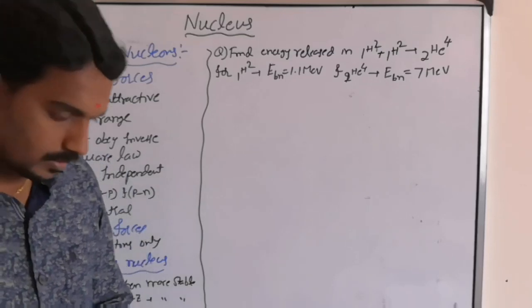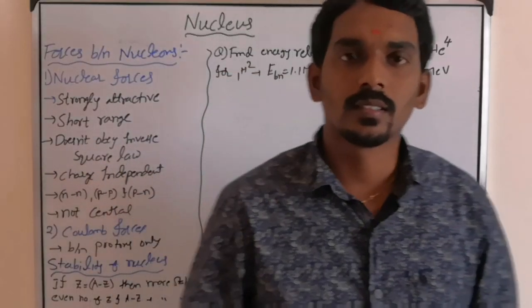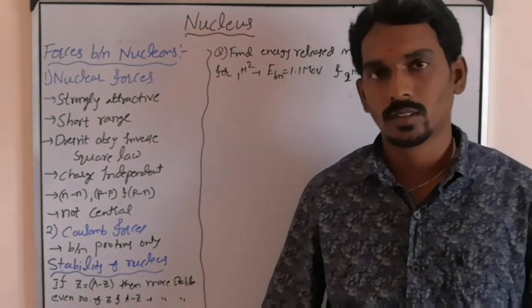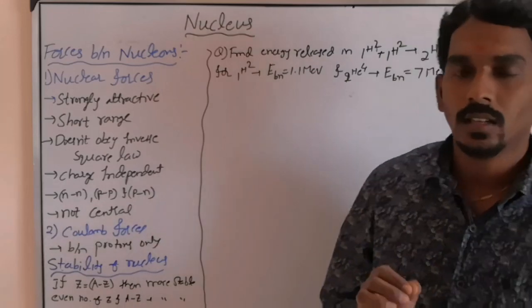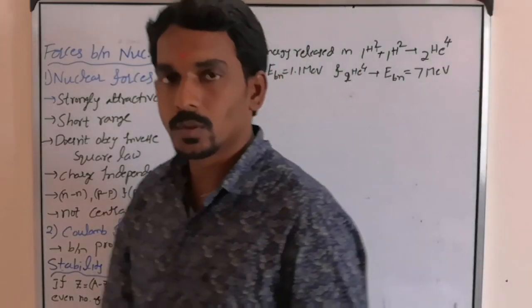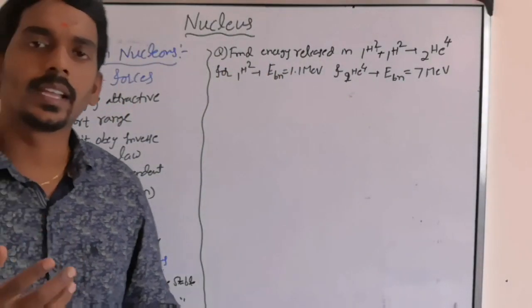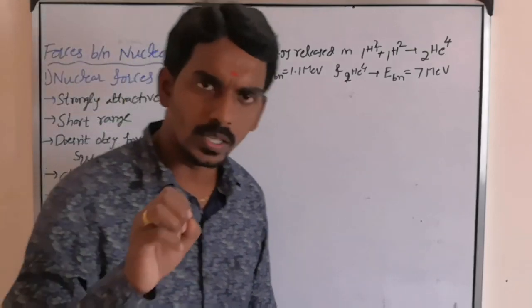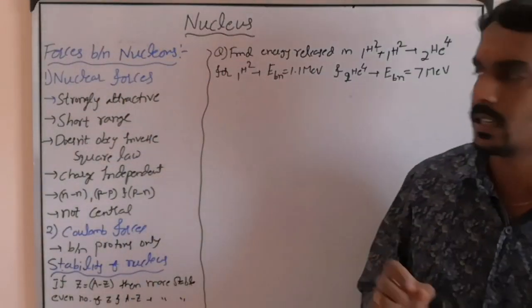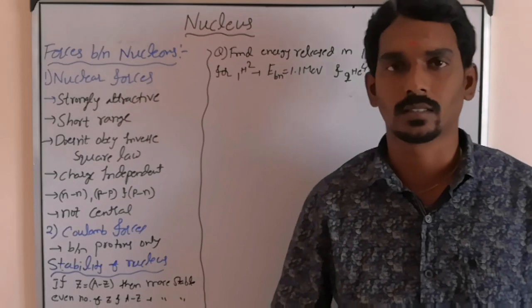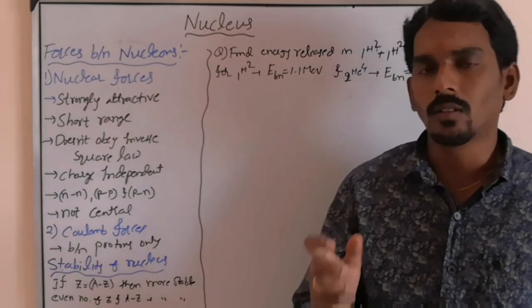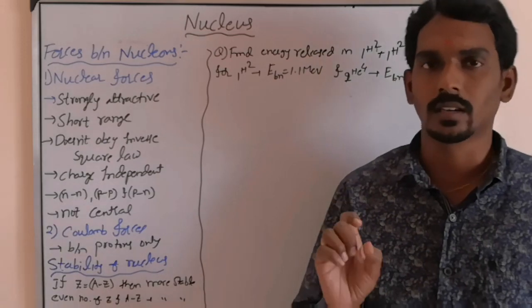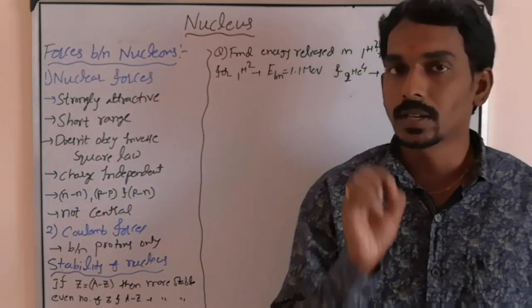Hi everyone. In the last two classes we studied the introduction of the nucleus, the constituents of the nucleus, and mainly the binding energy, like what is the meaning of binding energy of a particular nucleus. If we brush up all those things, first thing, a nucleus we represent with what?